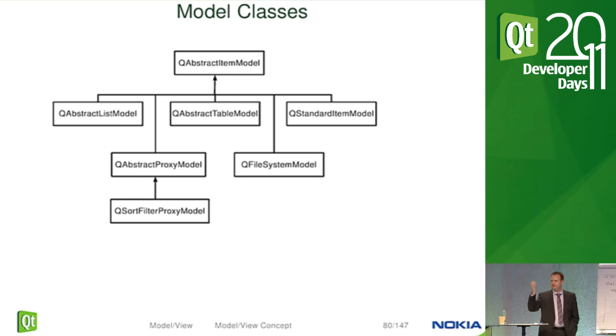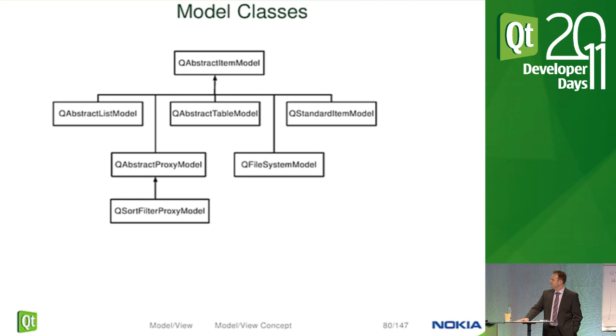Or a list of all the cities in the world, we don't need a tree for that. We could get a tree if we had country and then city. But for just a list of cities, subclass QAbstractListModel; it is pretty trivial to implement. If you want two dimensions, something you represent in a table, QAbstractTableModel is almost as simple. One more virtual method to implement, namely the one telling you how many columns there are.